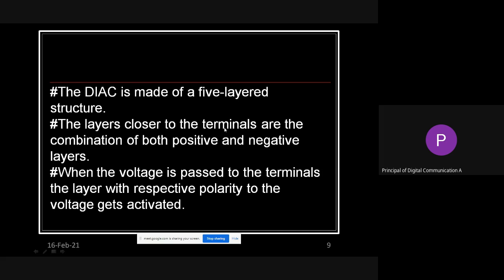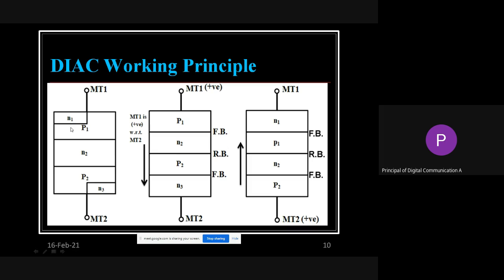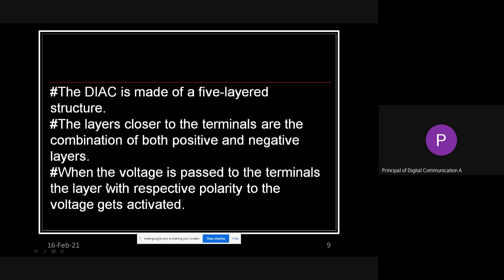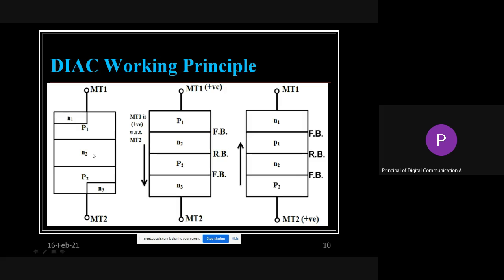The layers closer to the terminal are the combination of both positive and negative layers. So for MT1, N1 P1, for MT2 P2 N3. When the voltage is passed to the terminals, the layers with respective polarity to the voltage get activated. What is the meaning of this sentence? Means जर MT1 पॉझिटिव्हला कनेक्ट केलेली असेल तर P1 layer comes in the picture.